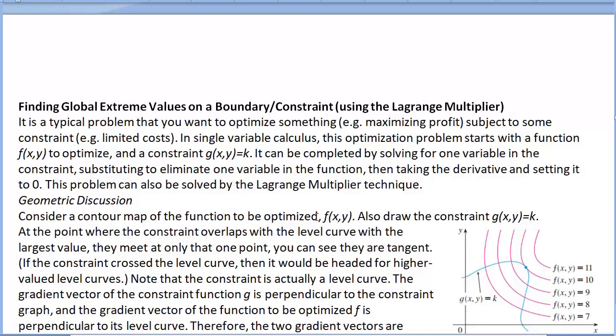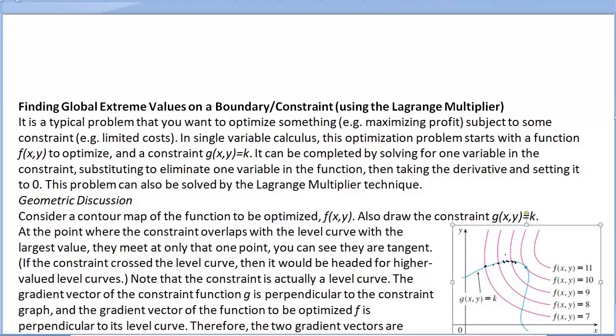So what is special about that point that's not true at other points? If you consider any other point along the constraint, you'll notice that the constraint curve is intersecting contour lines for f. This is no longer true at the point where f has been optimized.